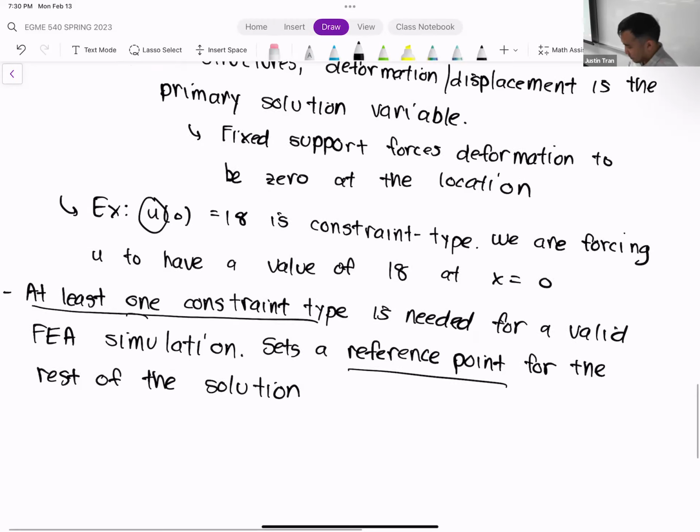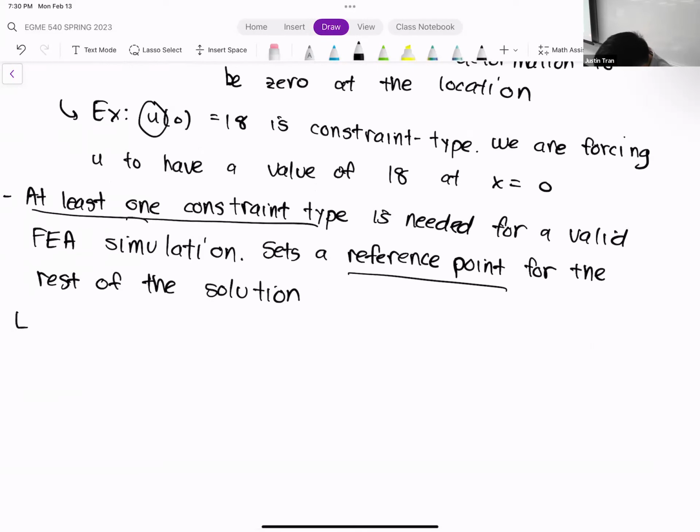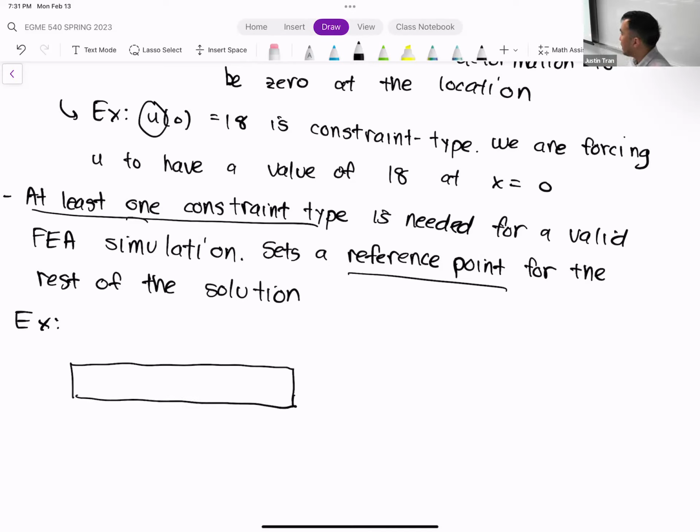Okay. And so we can see this physically as well, right? Let's look at a physical situation where we don't have a fixed support. Let's say we have a beam. Normally, when you have a beam, you have a pin joint, right? So let's say that we have one joint here that's a pin.